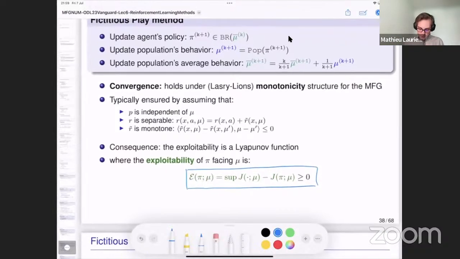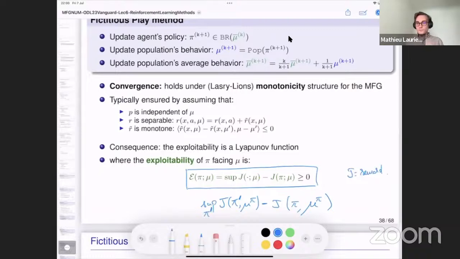So imagine that you are given a policy pi. You can say, I play pi, and the rest of the population plays pi. So I get mu pi, mu generated by pi. But I can compare that with what happens if everyone still plays according to pi, but I play according to some pi prime. And maybe I try to maximize my reward, if J is a reward.